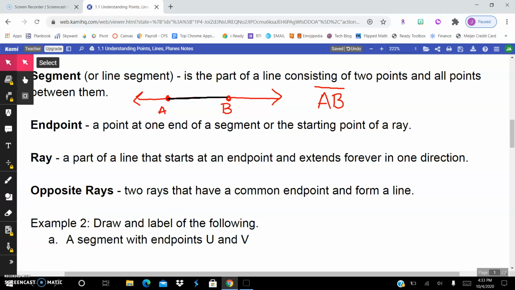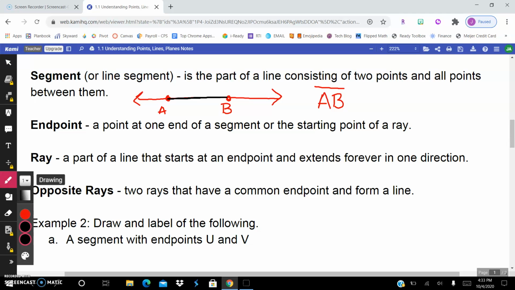An endpoint is a point at one end of a segment or the starting point of a ray. So in that line I just drew, we have an endpoint A and we have an endpoint B. It's where it stops. And my next vocab word is ray. And the starting point of that is also called an endpoint because it stops there. It doesn't go past that point.